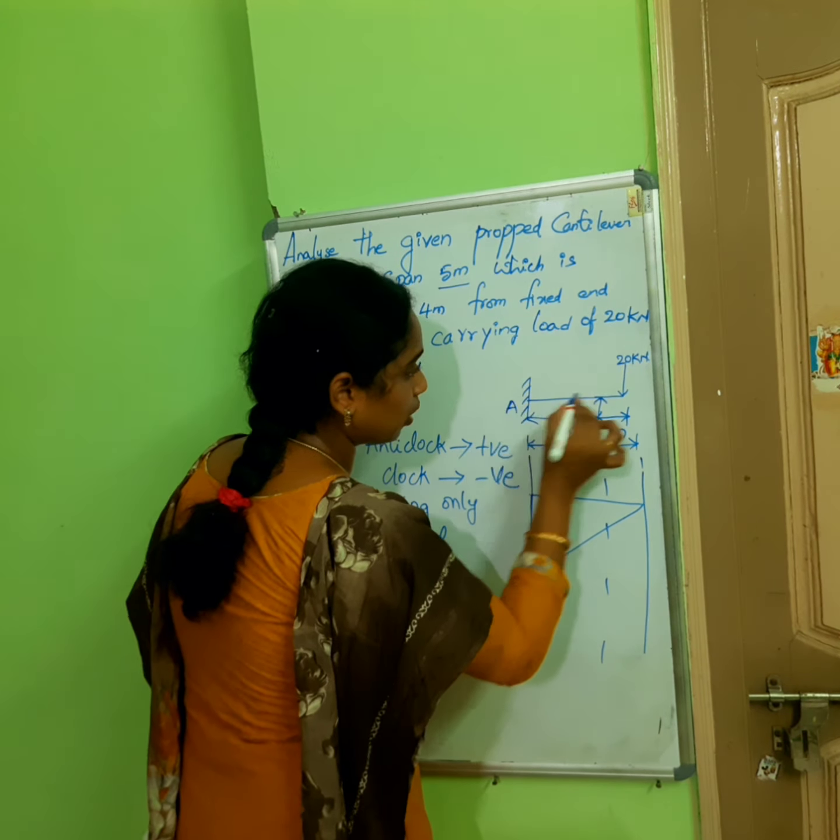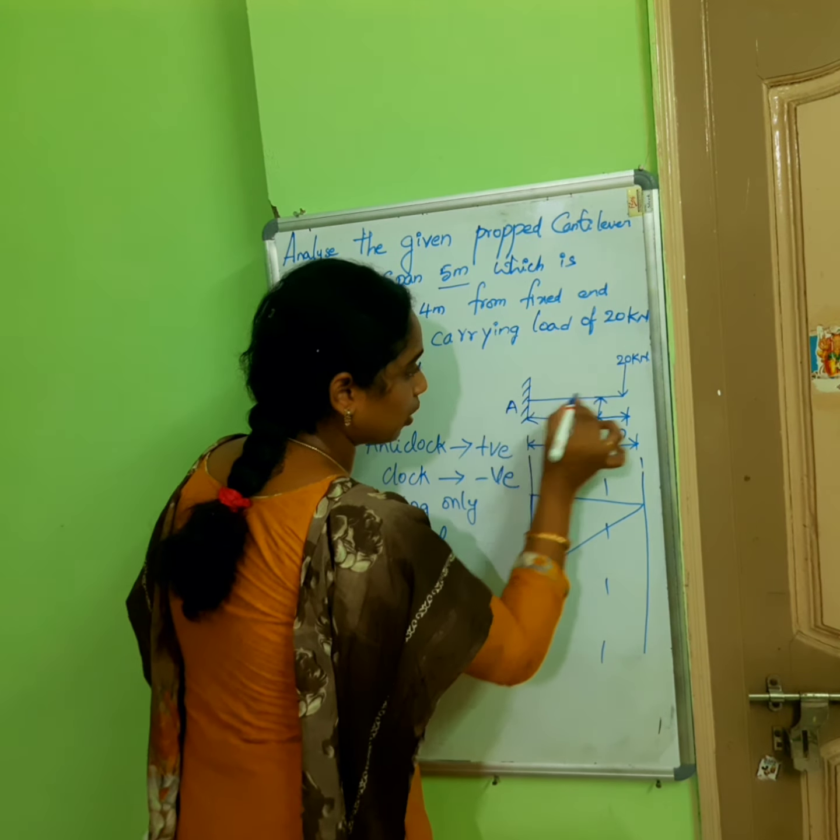So if I cancel it, half base into height, so that I got 8 RB divided by 3. This is my deflection at C2. So that YC2 is equal to 64 RB by 3.